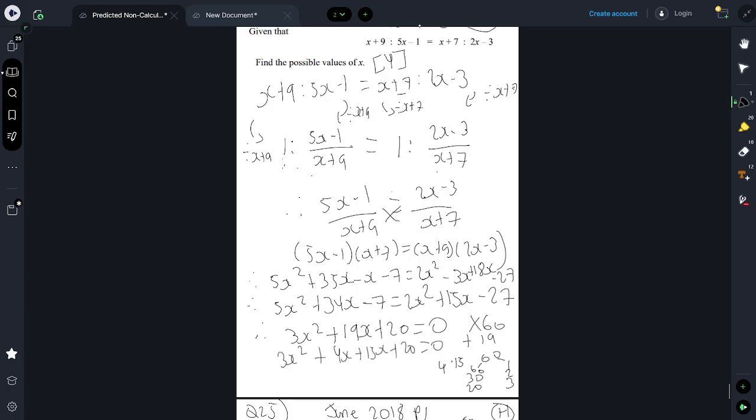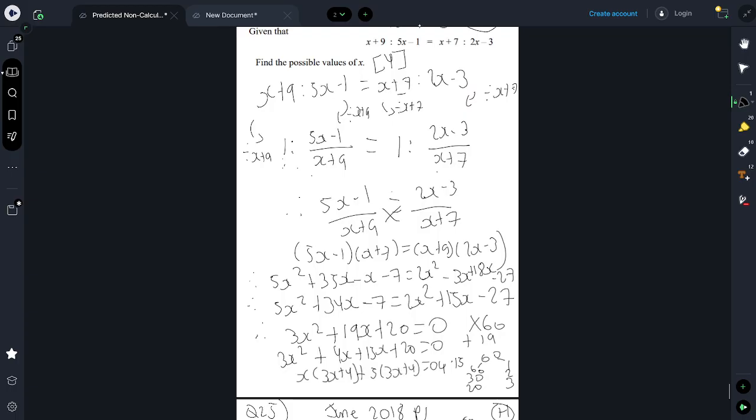Okay, so let's do that. So in this first part, x is common. So x of 3x plus 4, plus, and then 5 is common to both of them. 5 of 3x plus 4 equals 0.